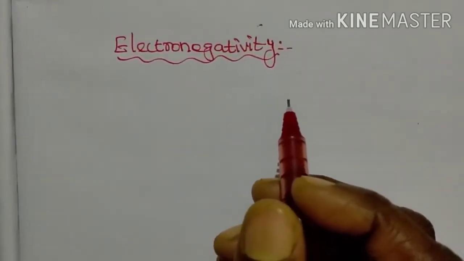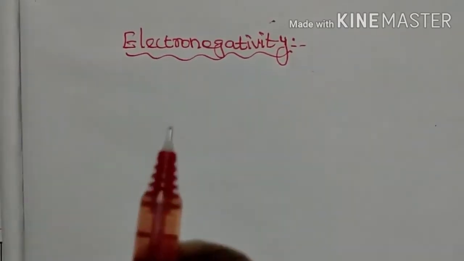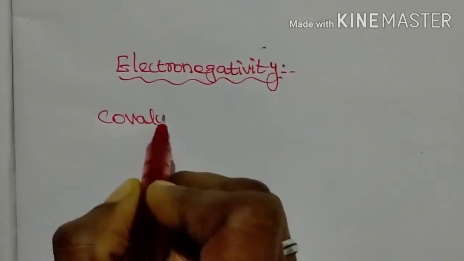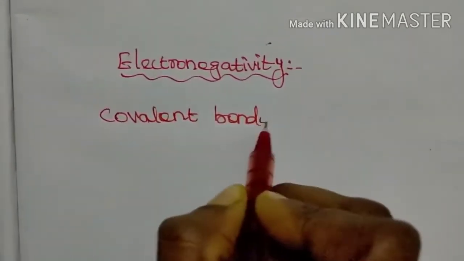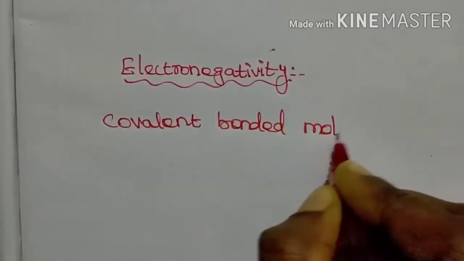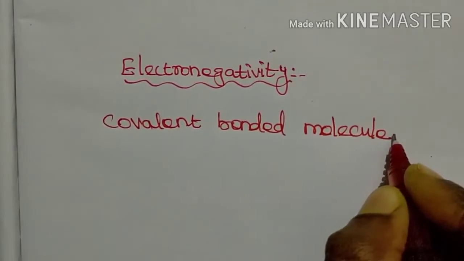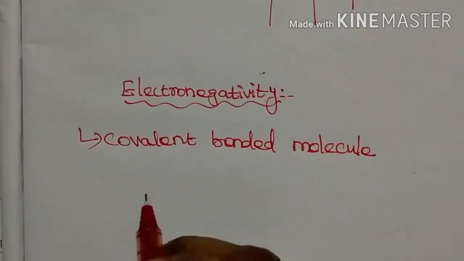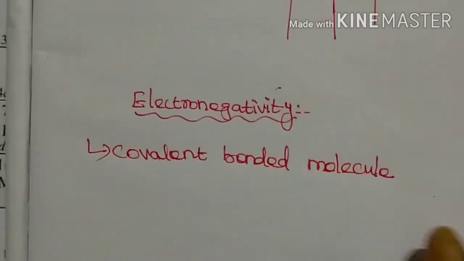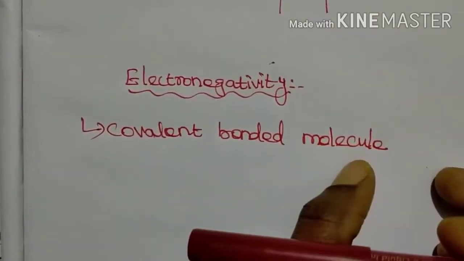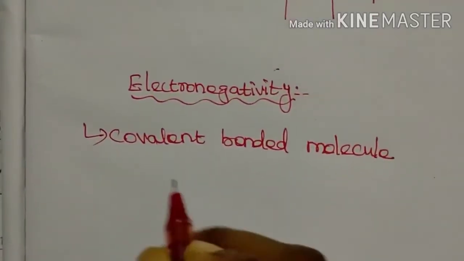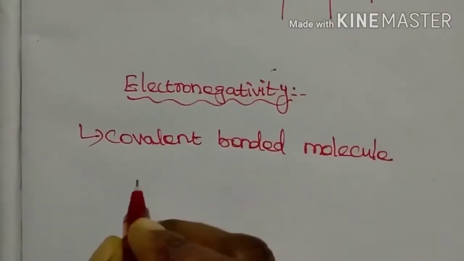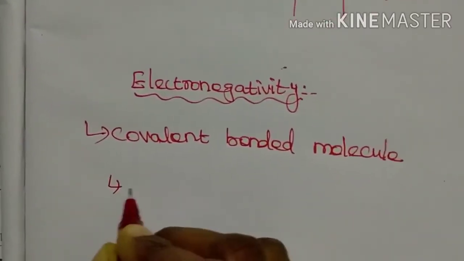It is defined as the relative tendency of an element present in a covalently bonded molecule to attract the shared pair of electrons towards itself. So they are attracting a shared pair of electrons.